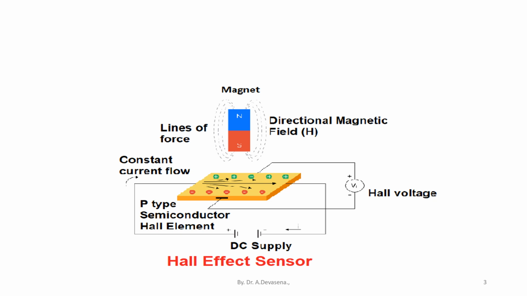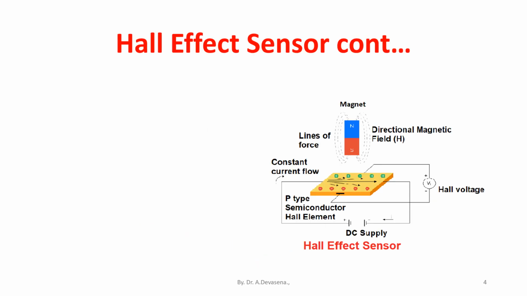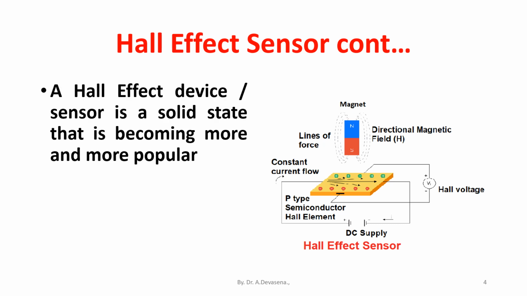Let us discuss briefly how the Hall effect sensor functions. A Hall effect device or sensor is a solid state device that is becoming more and more popular because of its many uses in different types of applications.